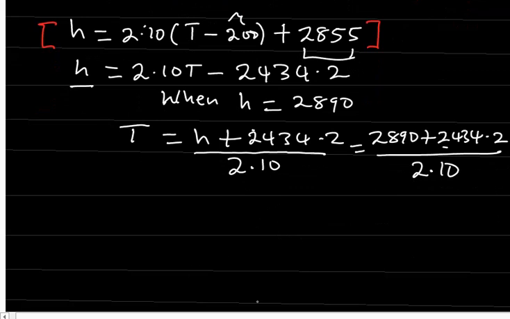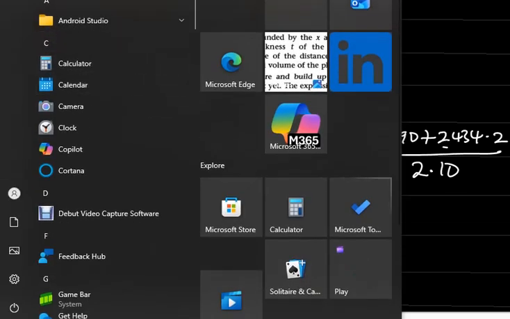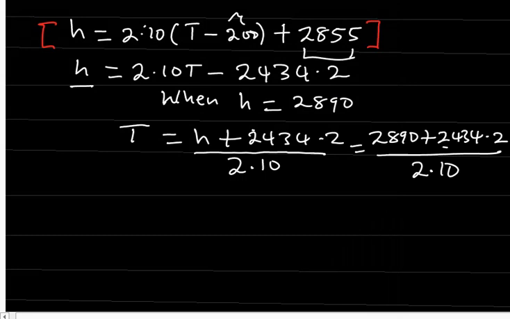Let's calculate that using a calculator. So what we have is 2890 plus 2434.2, divided by 2.10.